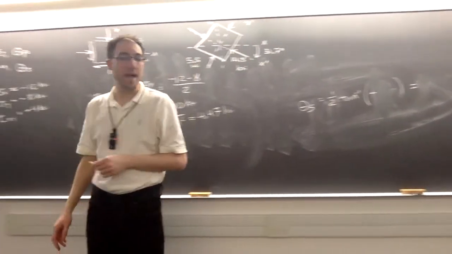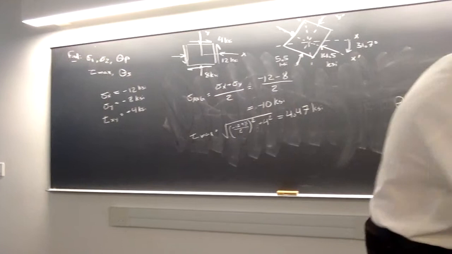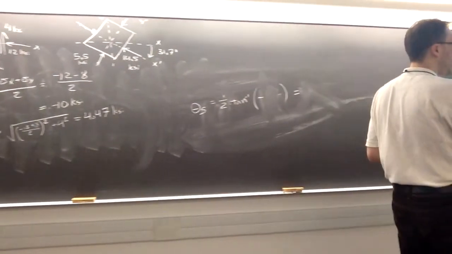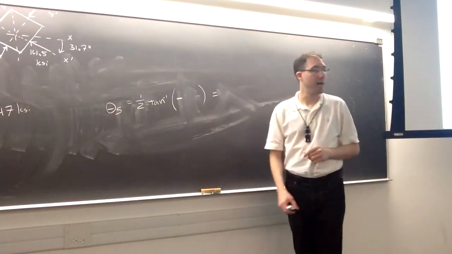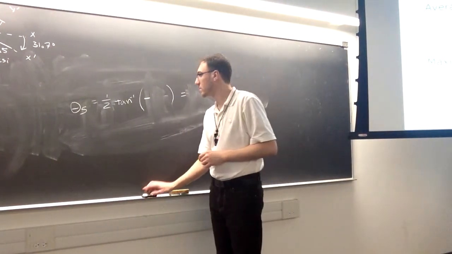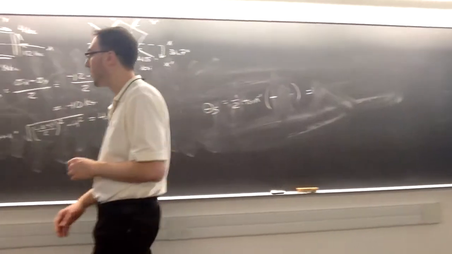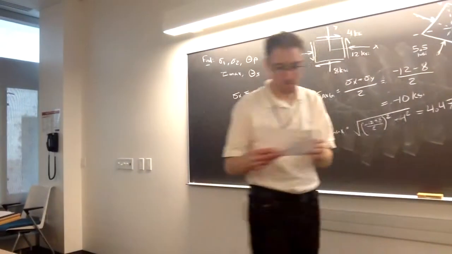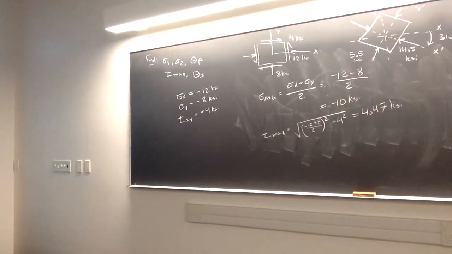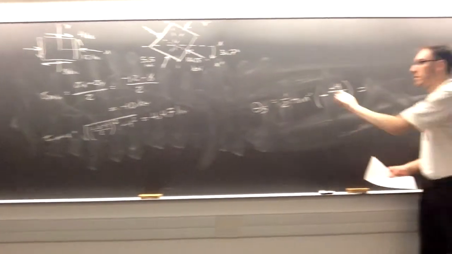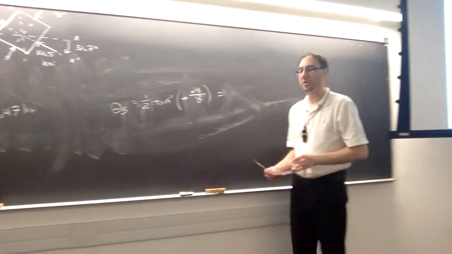So to find the angle to get into my max shear stress plane, going to my other formula here, it'll be negative sigma x minus sigma y, which is, again, negative 12 plus 8, is negative 4, over twice tau xy, which is positive 8. Okay, so those both become positive.